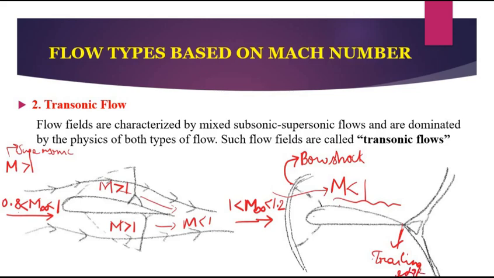So here you can see the weak shock wave is taking the form of a fish tail pattern. Now, such flow fields where I am seeing both mixed regions, that is, the flow is subsonic in some places as well as supersonic in some places, are known as transonic flows. This was all about transonic flows.